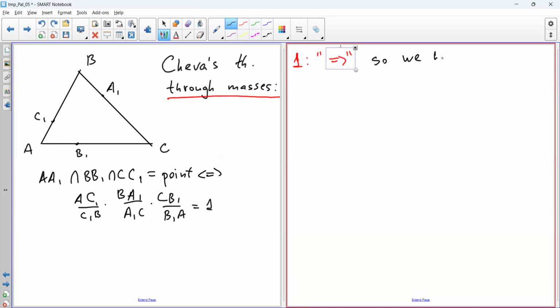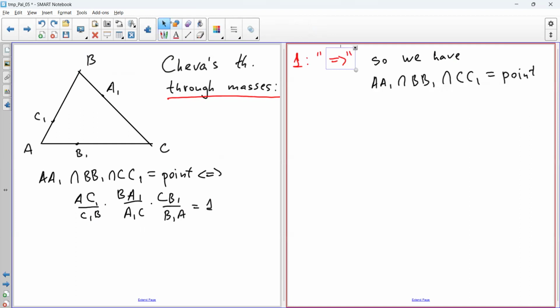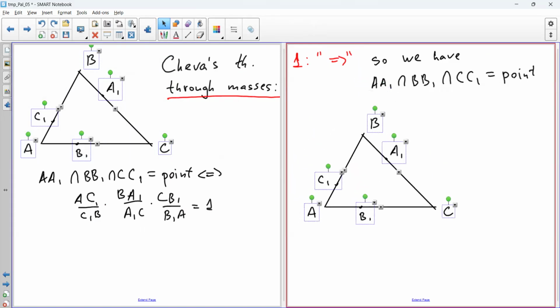So we have that AA1 intersects BB1 and intersects CC1 in a point. Then we do the following. We then introduce masses related to this situation.